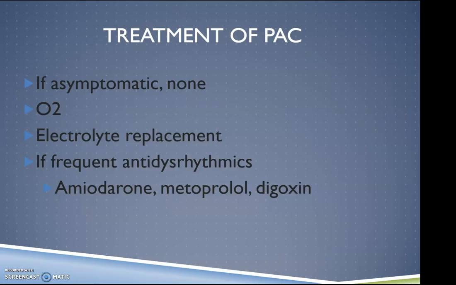I'm going to back up a minute and talk about electrolyte replacement. So an electrolyte replacement, what is your normal potassium range? Think about that and think about what your normal magnesium range. Those are the 2 electrolytes that we're going to look at when we look at electrolyte replacement for dysrhythmias.